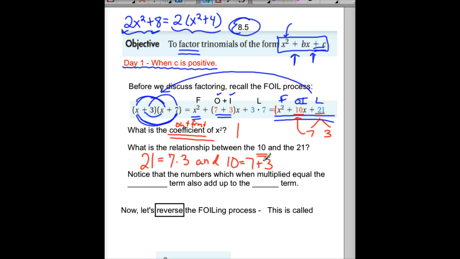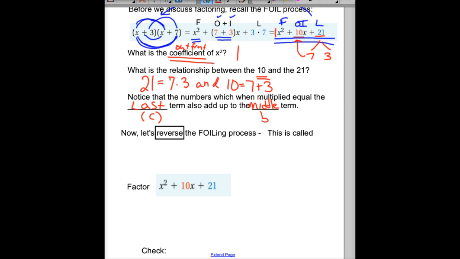Why is this important? It's important because when we break it apart, we need to notice that the numbers that when they multiply equal the last term, which we call the C, add up to the middle term, which we call the B. What that allows us to do is reverse that foiling process, and we call this factoring.